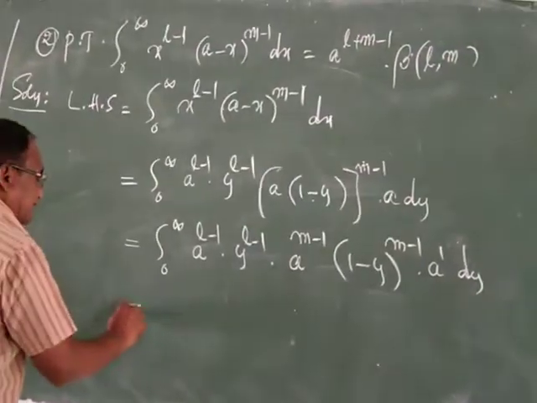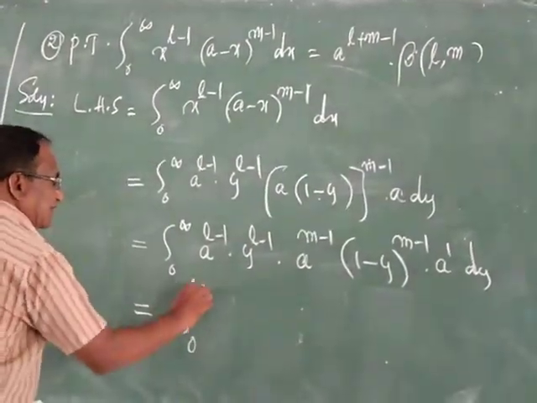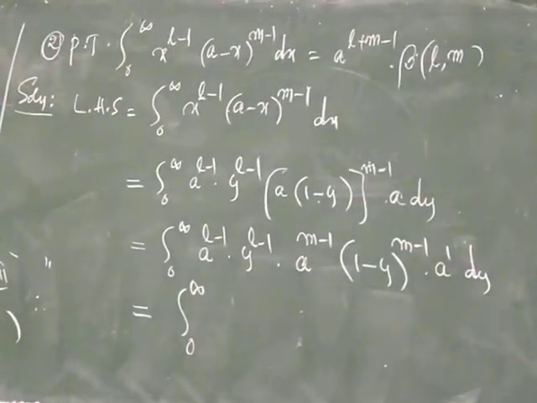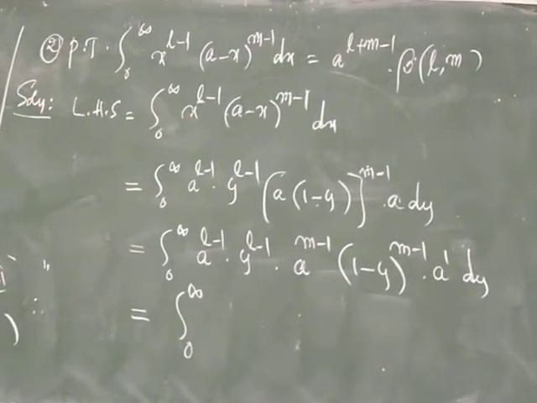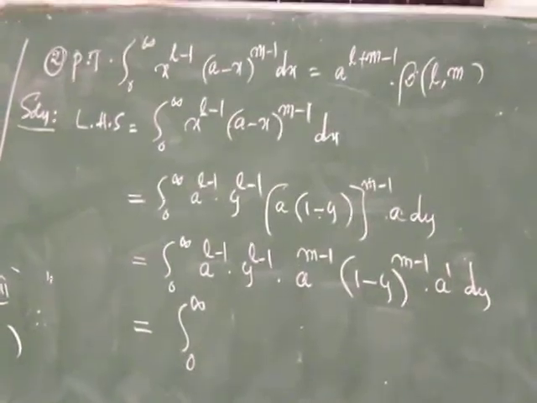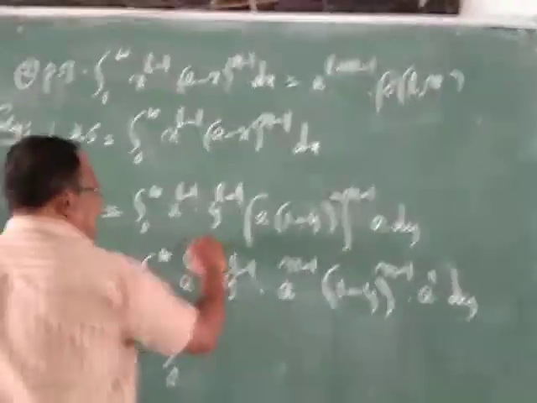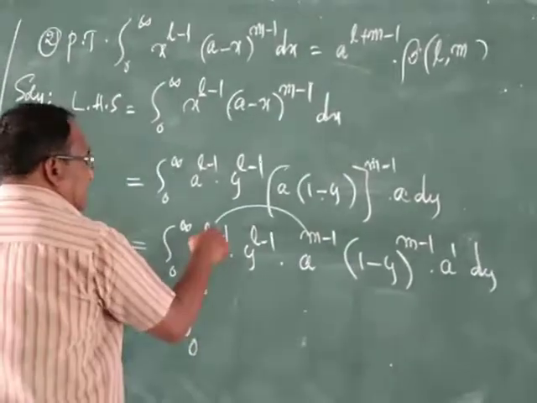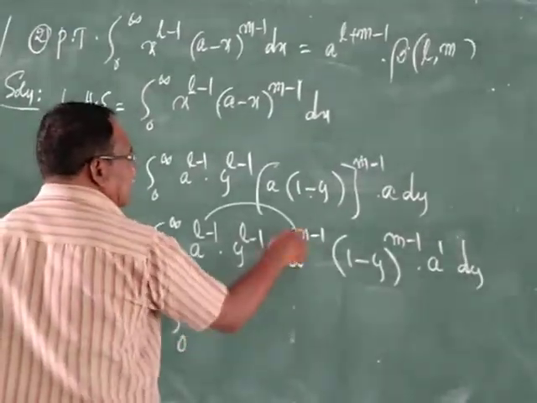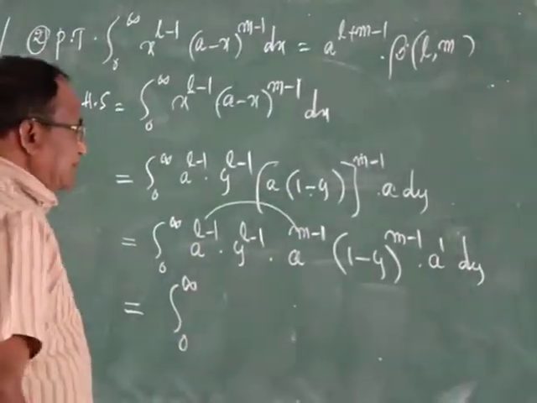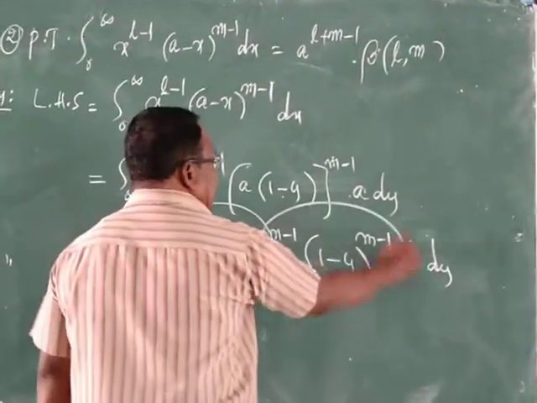This is equal to integral from 0 to infinity. Now you can observe the terms of a here: a to the power l minus 1 into a to the power m minus 1 into a to the power 1.